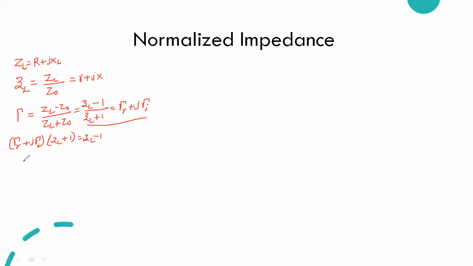Okay, so if you take the product, then the terms will be like this: gamma R into ZL plus gamma R plus J into gamma I into ZL plus gamma I equal to ZL minus 1.